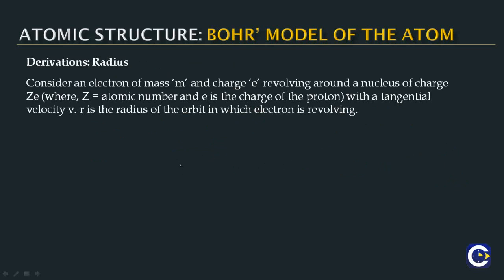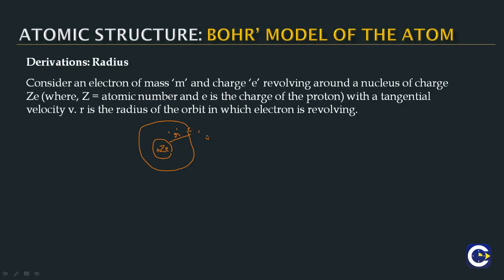Now Bohr's model considered primarily single electron species, which means inside the nucleus there may be more number of protons, but there will be only one electron that is circulating around the nucleus, and the velocity of the electron, let us say, is v, and the radius of the orbit is r.